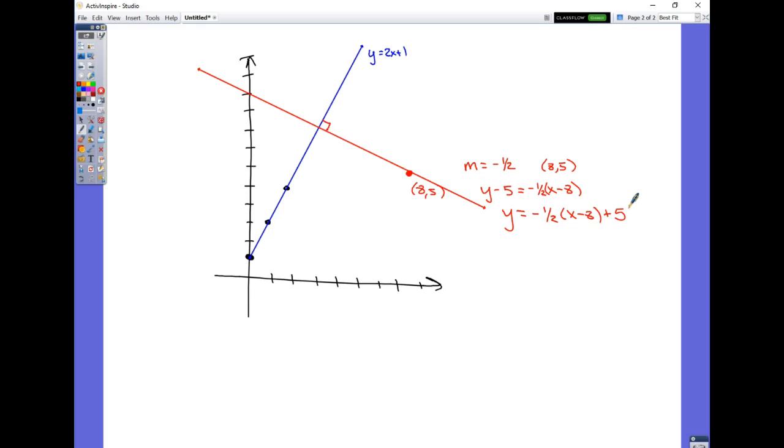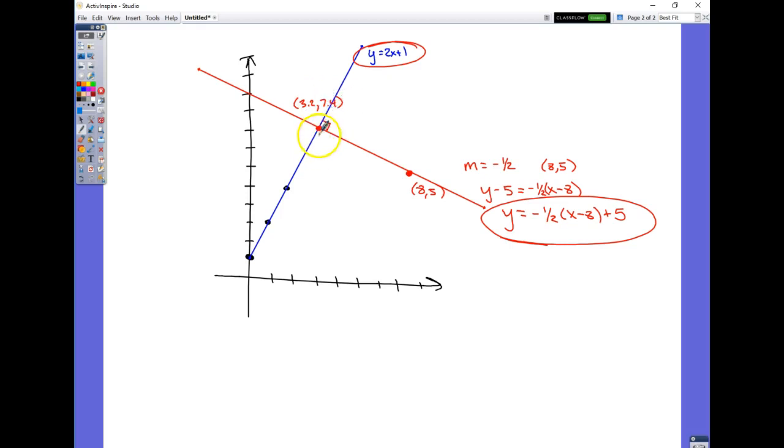So at this point, I just need to figure out where these two lines intersect. Utilizing my calculator, I went to y equals, used second trace, and found the intersect between these two graphs. These two graphs happen to intersect at the ordered pair 3.2, 7.4.